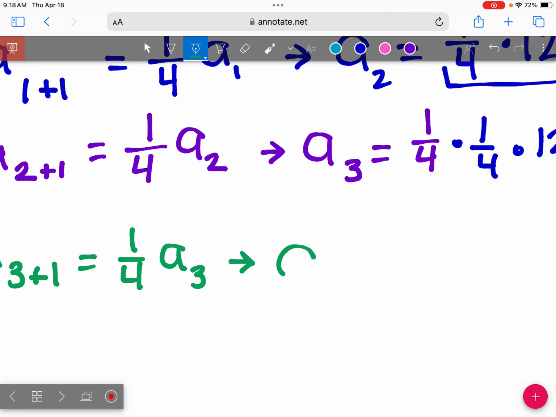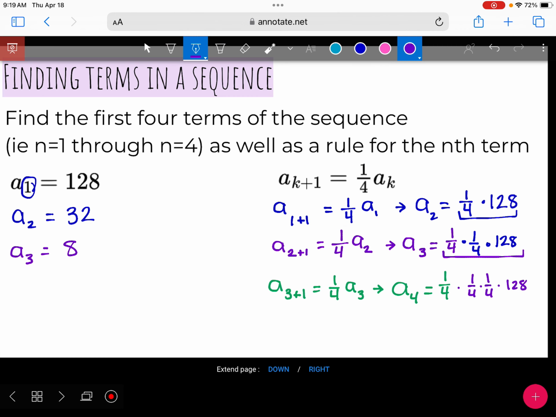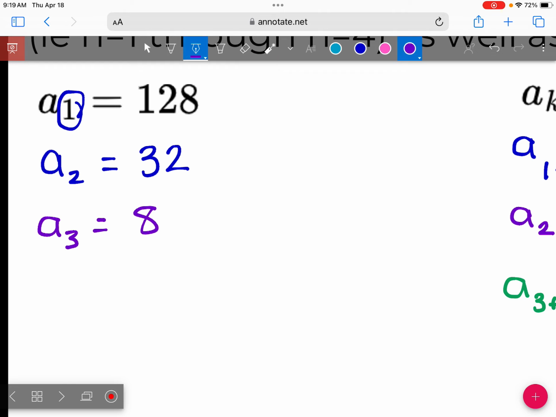So that means we're going to get a sub 4 as 1/4 times this guy. 1/4 times 1/4 times 128. Or to do the calculation, you can do 1/4 times 8. So a sub 4 has a value of 2.